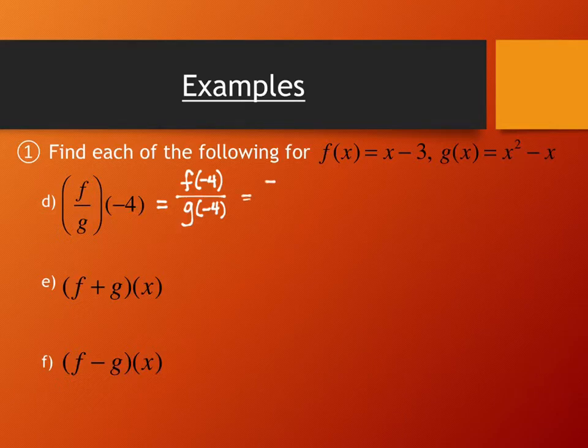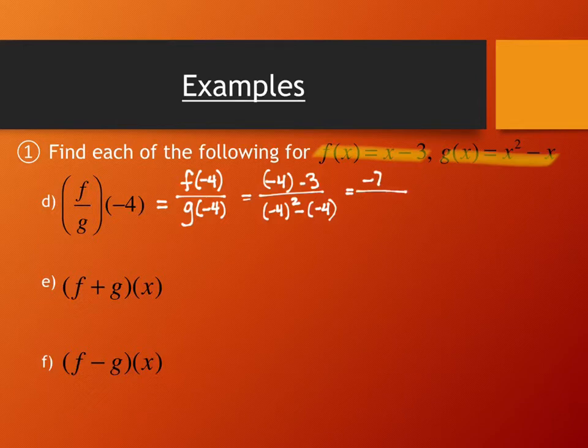So on the first one, I have negative 4 minus 3. That's evaluating at f of x. And then evaluating at g of x, so I have negative 4 squared minus negative 4. Again, lots of negatives. What do I get on the top? Negative 7.